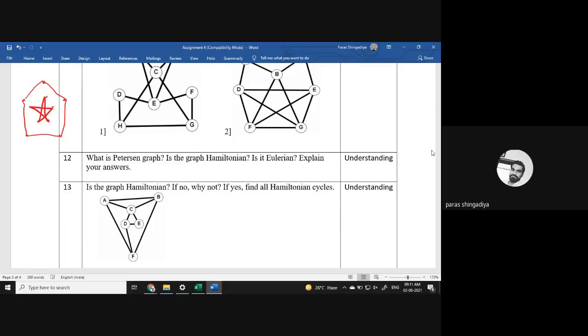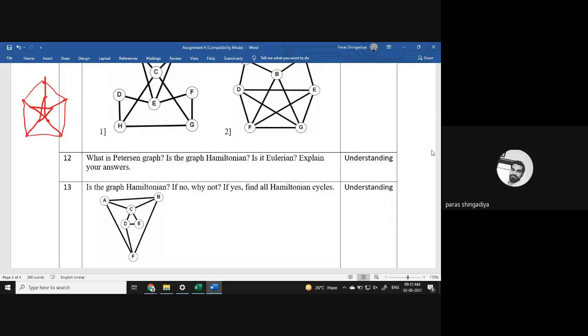That is a Peterson graph, and then connect the corresponding vertices.